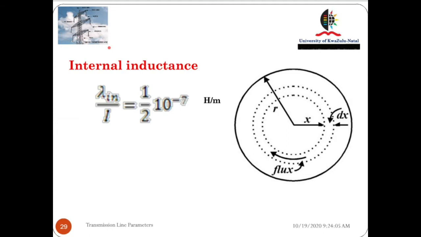But we can find out in this conductor the magnetic field intensity, at any distance of x from the center of the conductor. Magnetic field intensity will be the ampere turn over the length, ampere turn per unit length, like per meter.